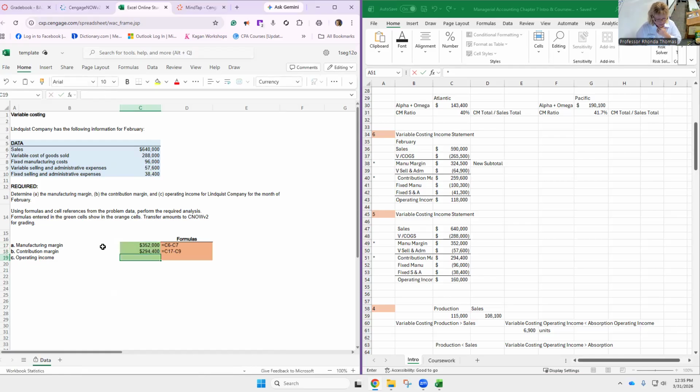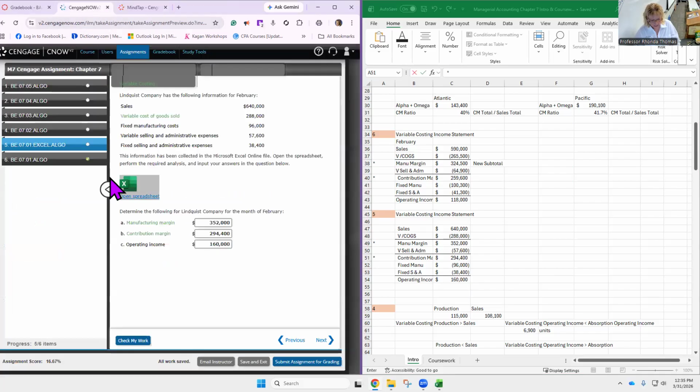And finally, the contribution margin minus the two fixed amounts. And there it is, and we've got the same numbers. So that ought to do that. I'm going to close that and go back to check my work.